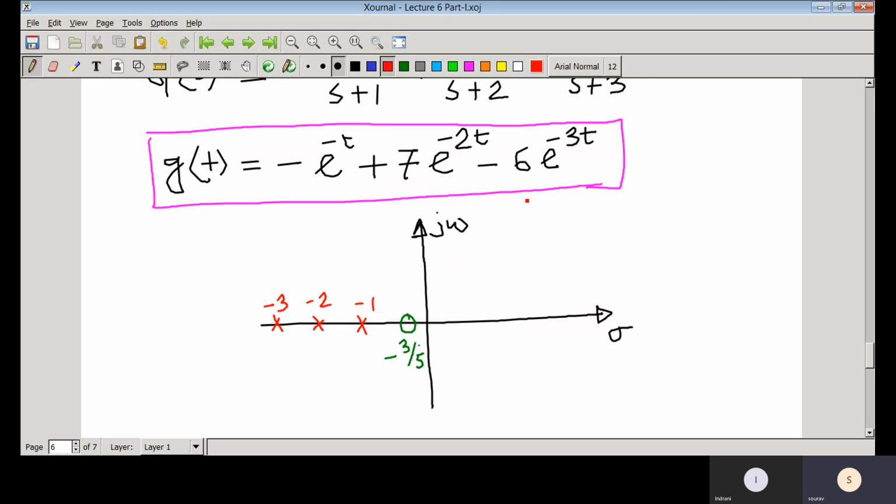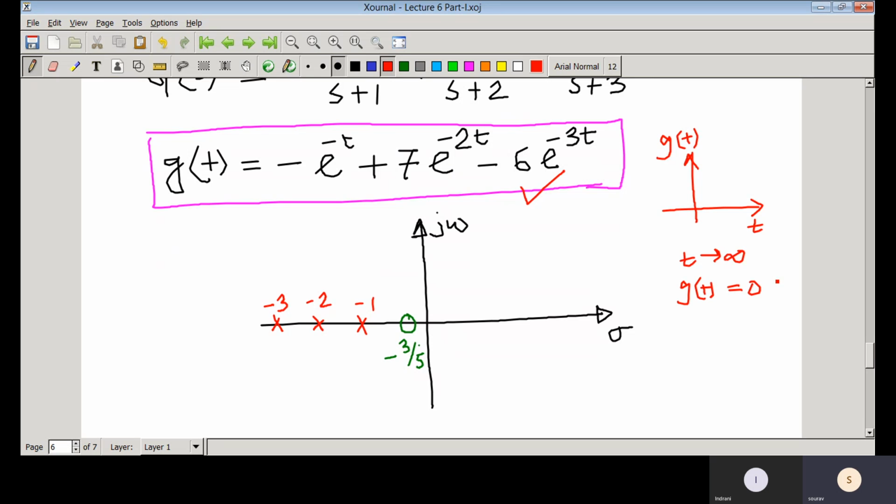Then from this expression, if you plot g(t) versus t, when t tends to infinity obviously all the terms go to 0, so g(t) would be equal to 0.